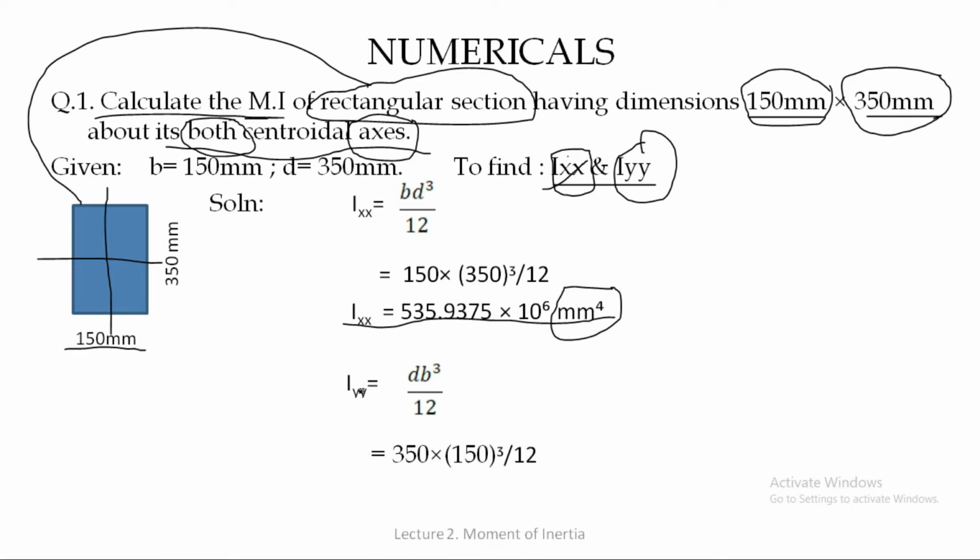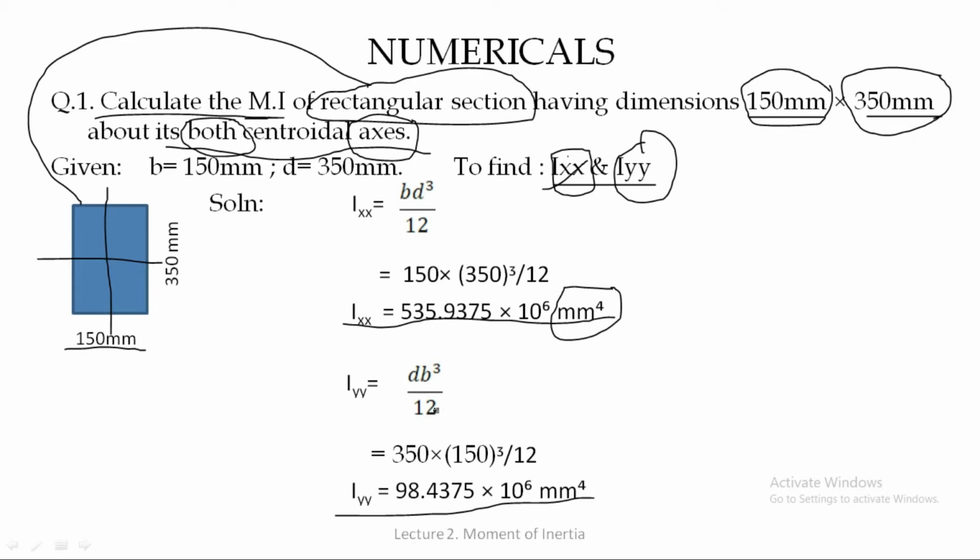Putting the values, D is 350, B is 150, and on the calculator we get IYY as 98.4375 into 10 raised to 6 mm raised to 4.